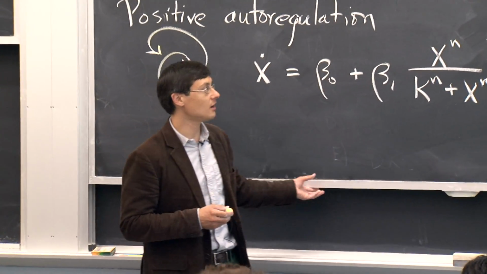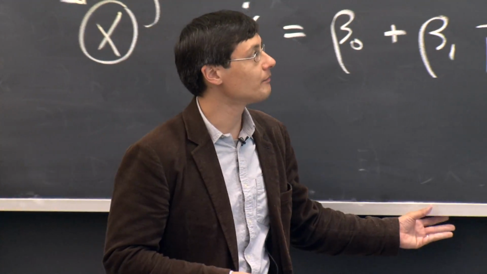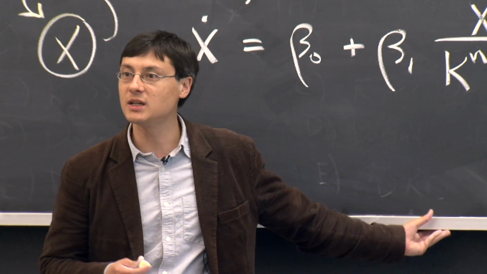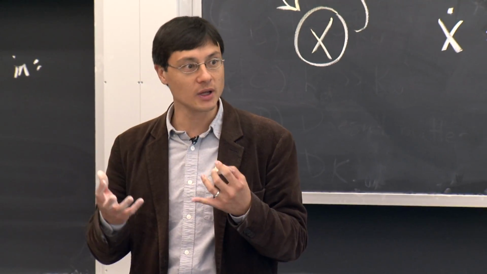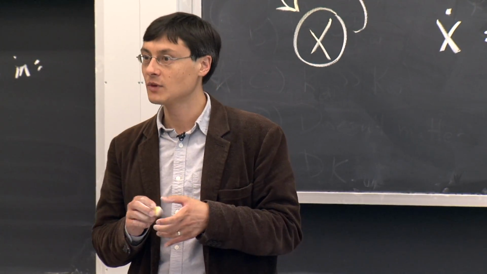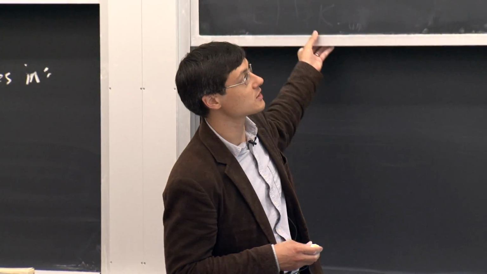Now, it's not obvious how memory comes from this. Memory is in general this idea that the gene network or the cell can retain a memory of its past state. We're going to see examples of this over the next few weeks.